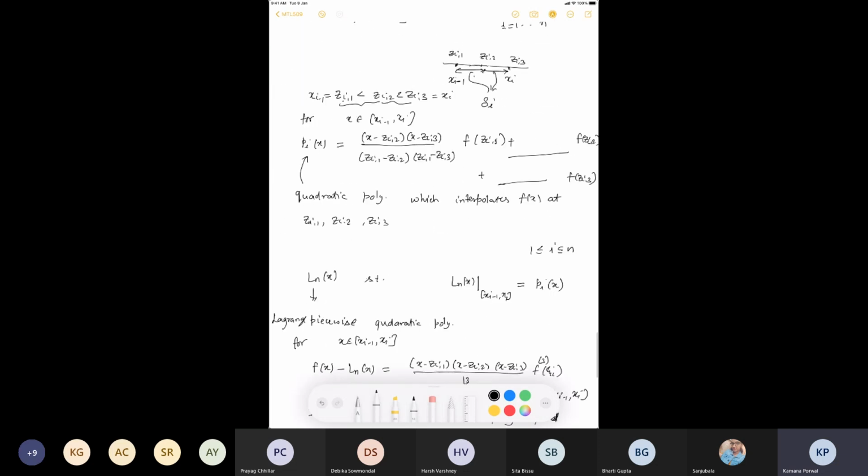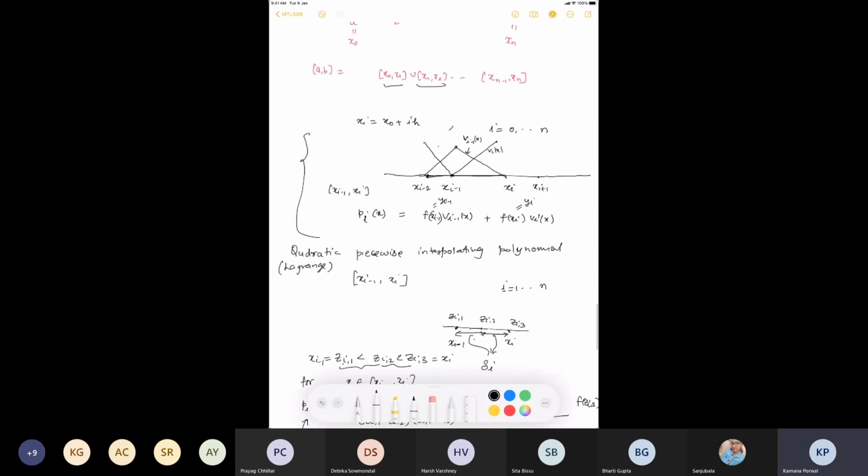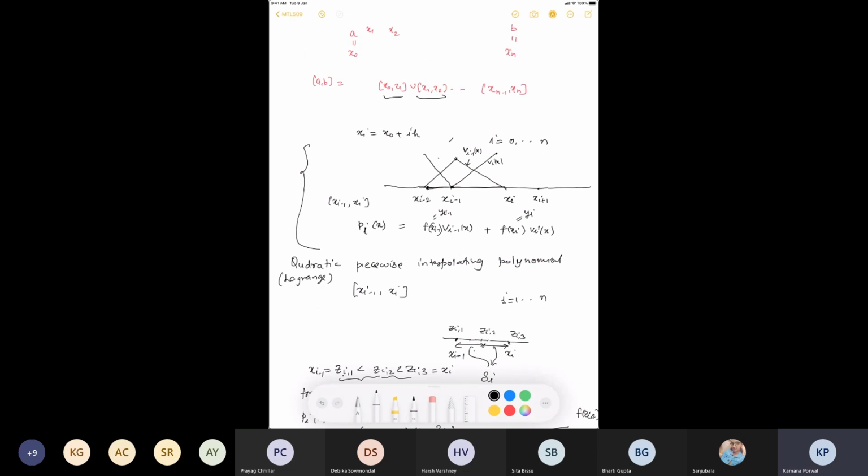It's just that everything I'm doing is local. Before, we were working with the whole interval. Now I'm on each of the subintervals, doing the same thing we did for the global case.